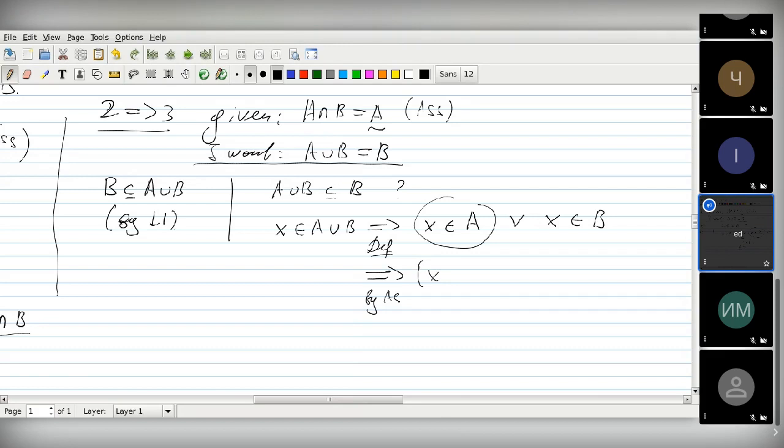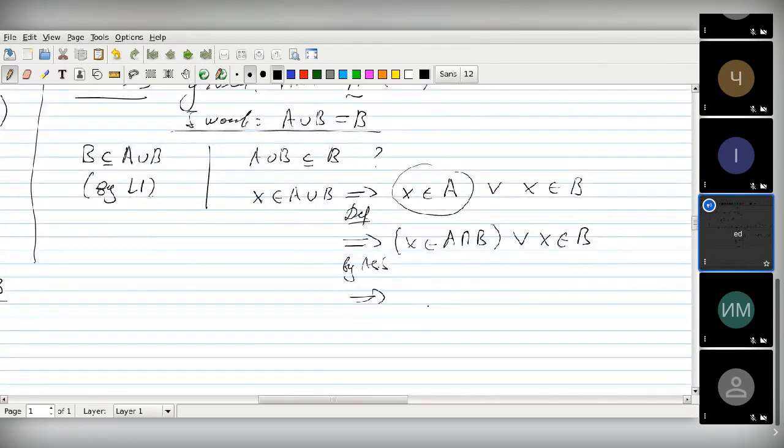So in the first case, X is an element of the intersection, or else it is an element of B. But if X is an element of the intersection, it is still an element of B. So in both cases, X is an element of B. So every element of the union is an element of B. Is it clear?